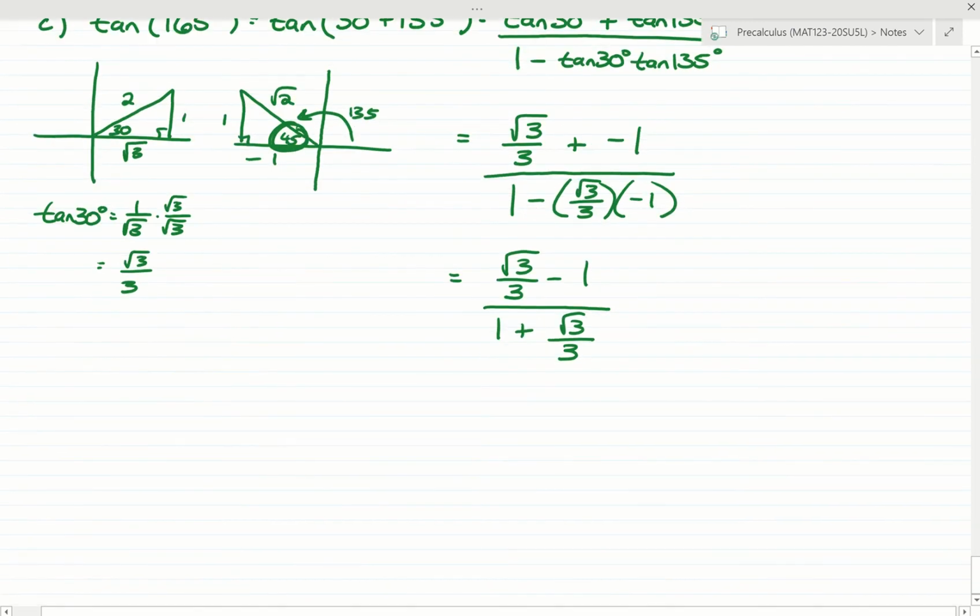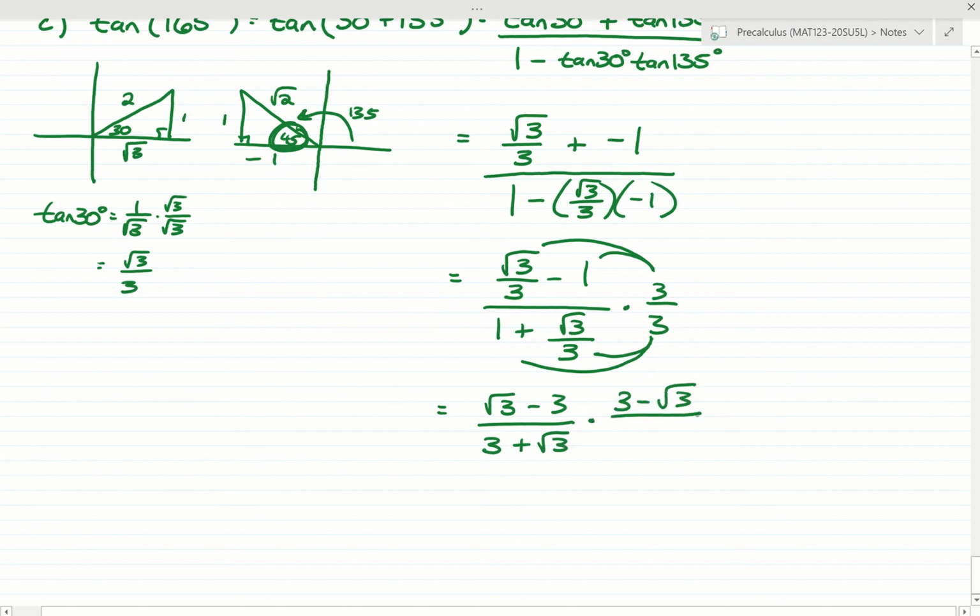And in one of our very first sections of this semester, we saw rational expressions like this. Let's get rid of the fractions right off the bat by multiplying by 3 over 3. That would cancel out our denominators. And then maybe we could use a conjugate. We get root 3 minus 3 over 3 plus root 3. Multiplying by our conjugate would be 3 minus root 3.